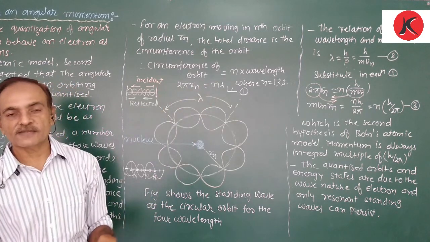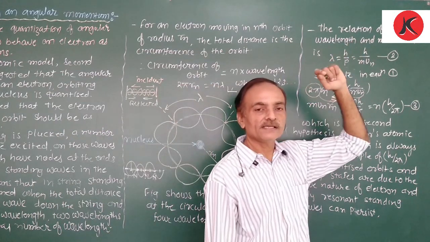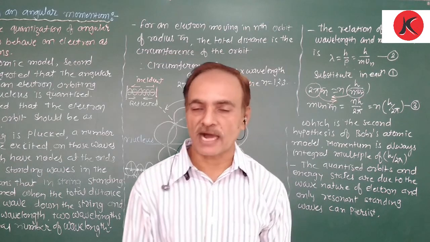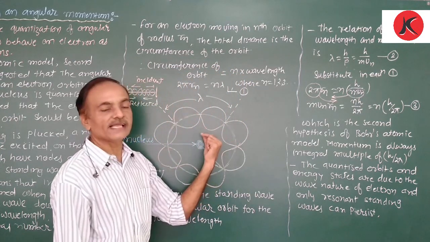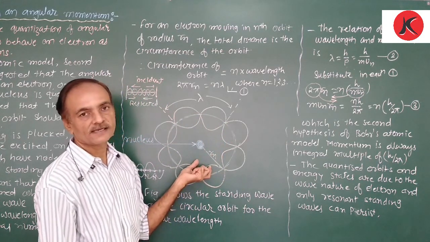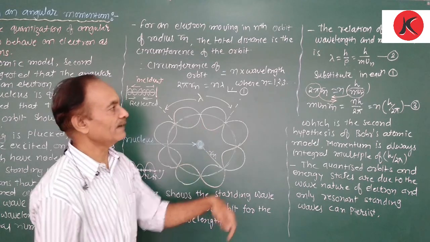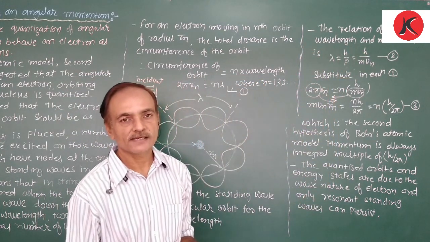So the relation of the de Broglie wavelength and momentum: lambda is equal to h upon p. Momentum, the linear momentum of an electron, is mass into velocity of the electron. Here the electron revolves in the nth orbit of radius r, so its linear speed is vn. Therefore, lambda is equal to h upon m vn.